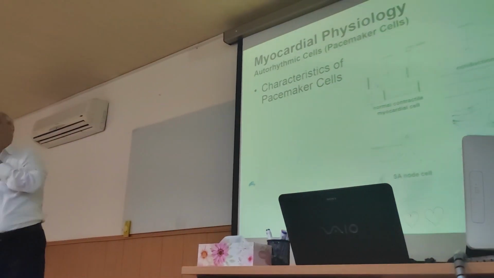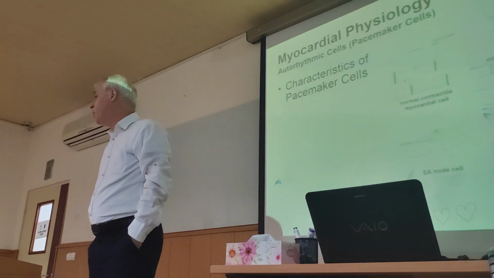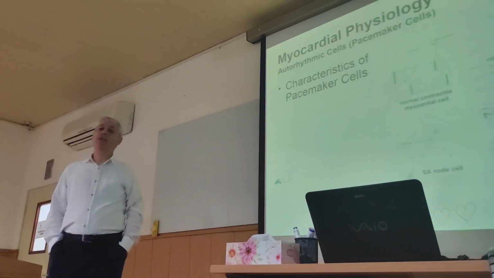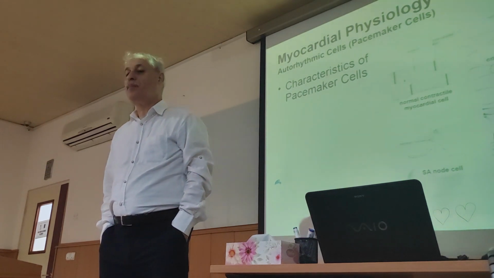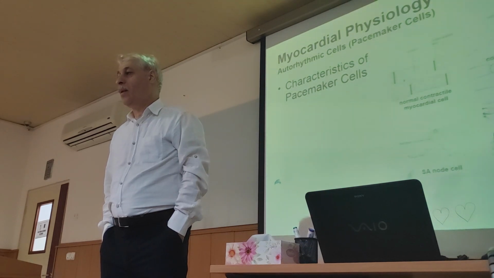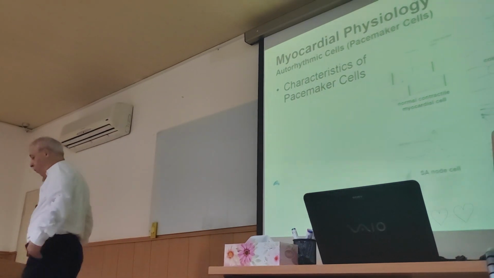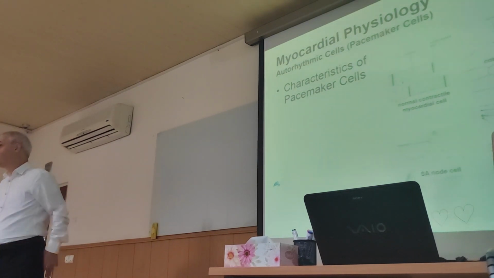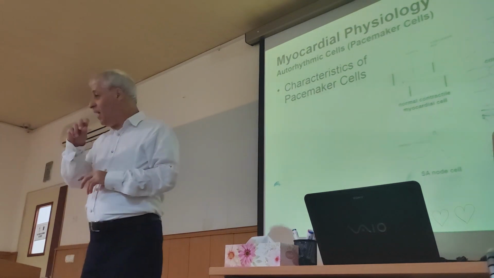The cardiac muscle cells are fusiform, meaning spindle shaped, and connected to each other longitudinally. Like this, you see? They are branching, then connecting to each other. They lie side by side and longitudinally.